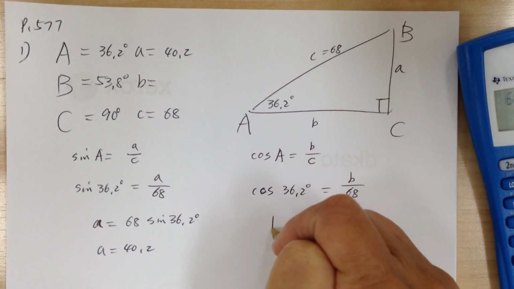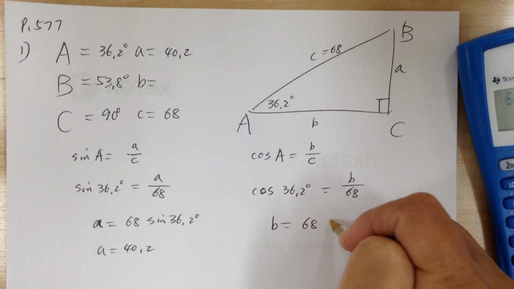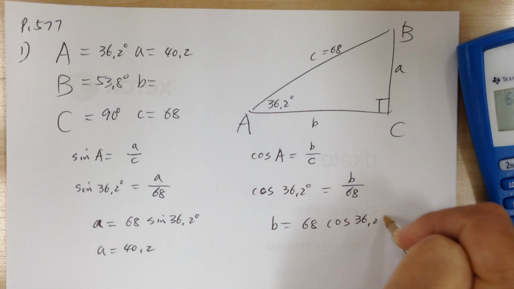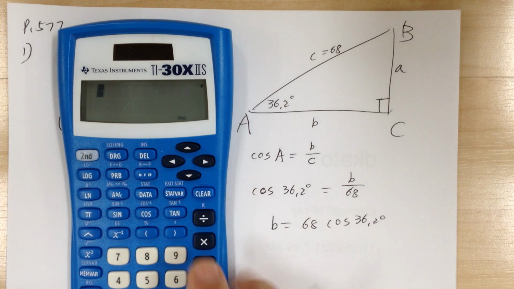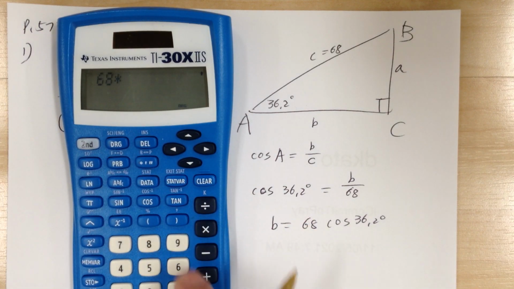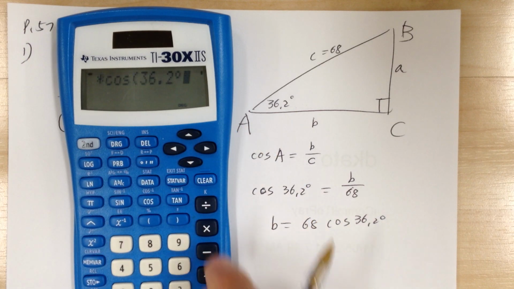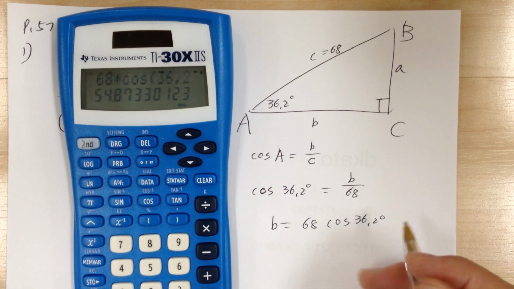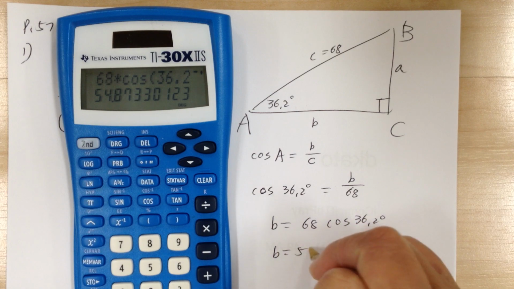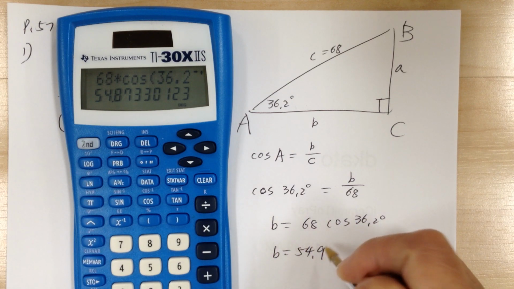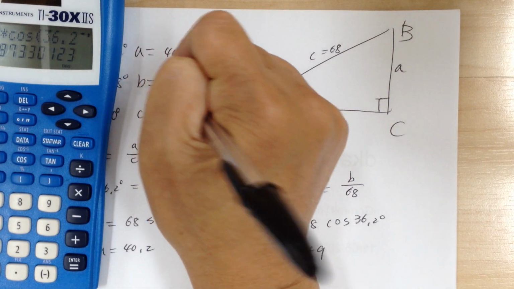So cross multiply, so b equal to 68 cosine of 36.2 degrees. So get your calculator, 68 times cosine of 36.2 degrees. Okay, equal, so b equal to 54.9. Okay, and you put over here, so 54.9.